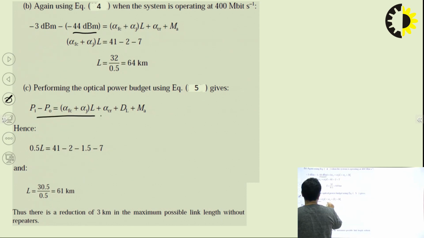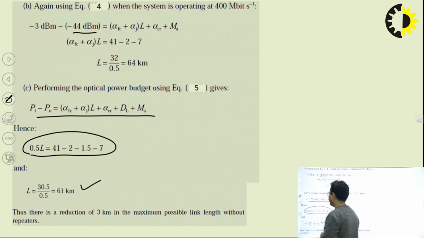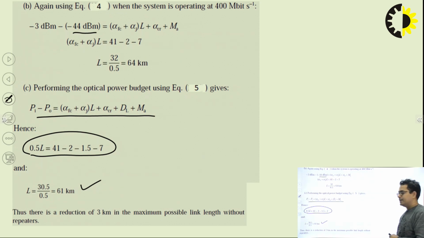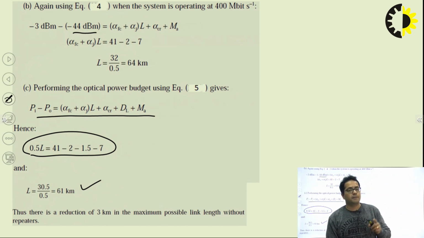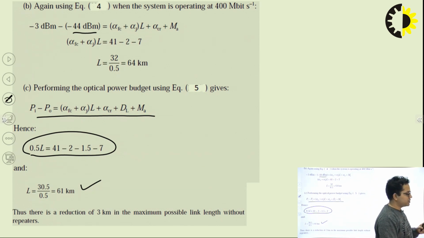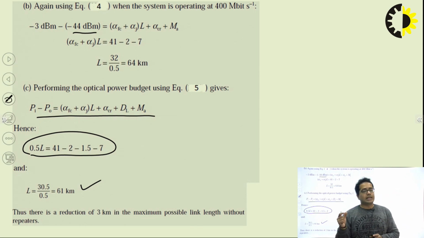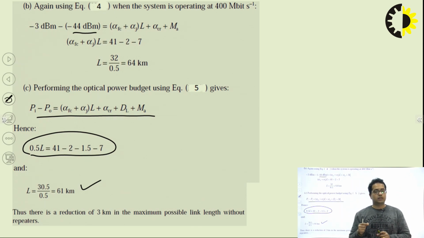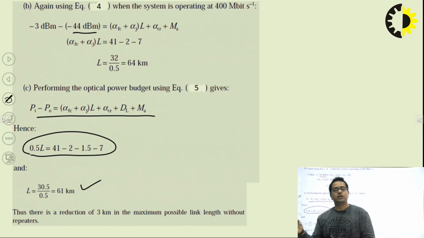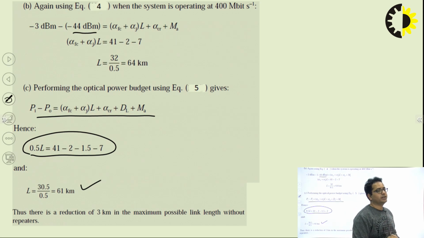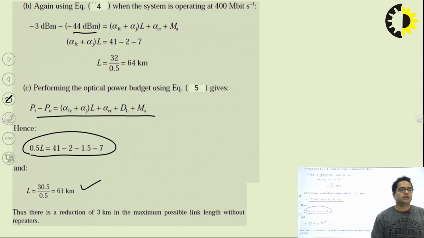So after filling in all those given parameters, we will see that the length of the fiber comes out to be 64 kilometers. So the conclusion is that the moment you incorporate a dispersion equalization penalty in the calculation of the length, you will see that the safest length for the optical fiber without using repeaters is decreased by 3 kilometers, right?